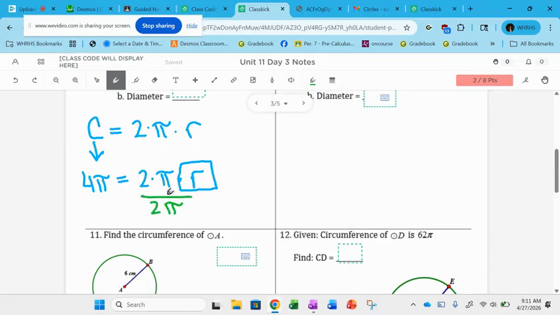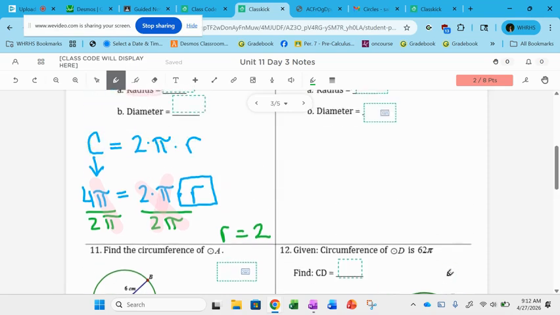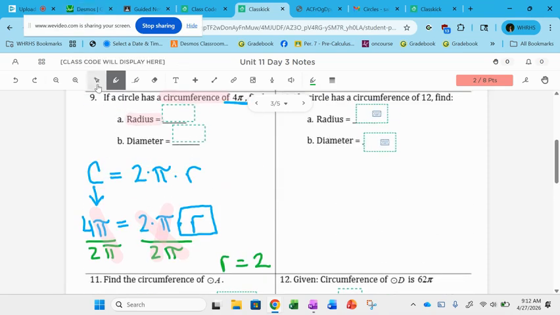So I'm going to divide by 2 pi on both sides. And when I divide by 2 pi on both sides, on the right side, the 2 pi cancels. On the left side, just the pi cancels. So now I'm left with the radius is equal to 4 divided by 2. Well, what's 4 divided by 2? 2. So now I go back up. The radius is 2.